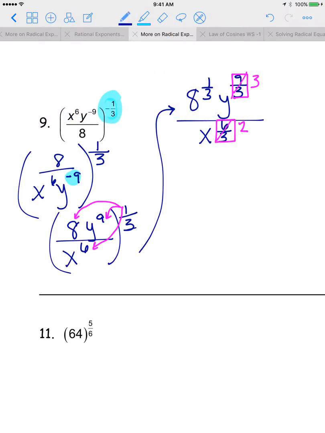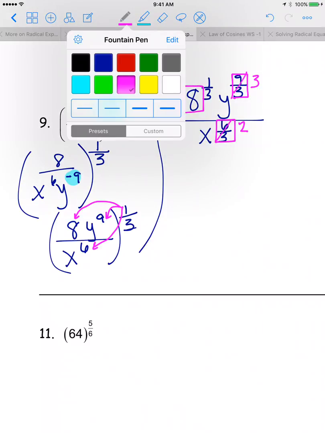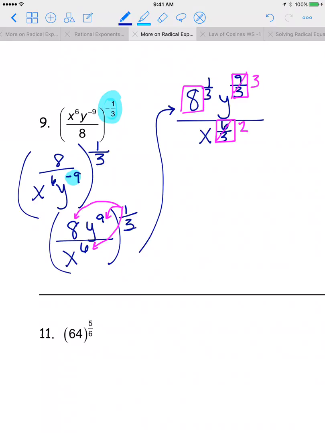So then we have 8 to the 1/3. How could we rewrite this 8 as a smaller base? You could rewrite it as 2 to the 3rd raised to the 1/3, and then you're going to have your y to the 3rd all over x squared.